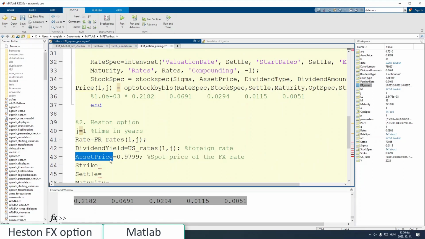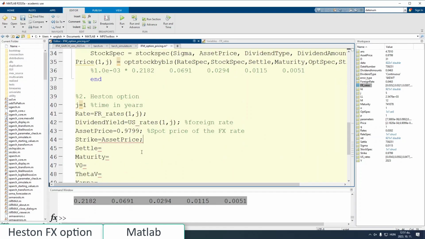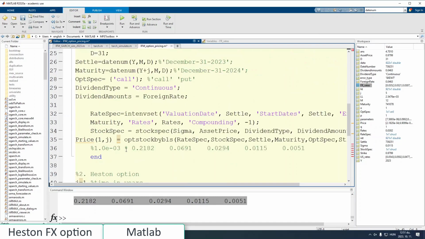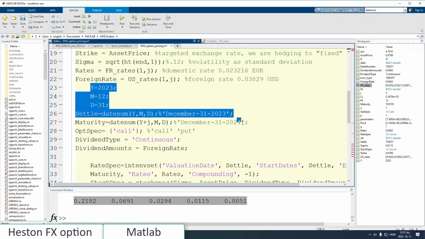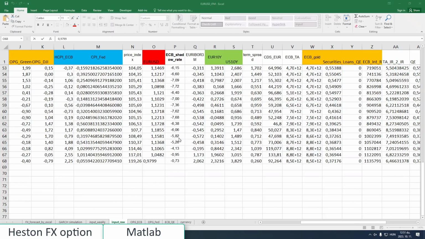Start price. Again, we are just doing a hedge, so we don't have any further expectations. We are hedging. Settle date. We don't want to calibrate this one, so let's bring everything.